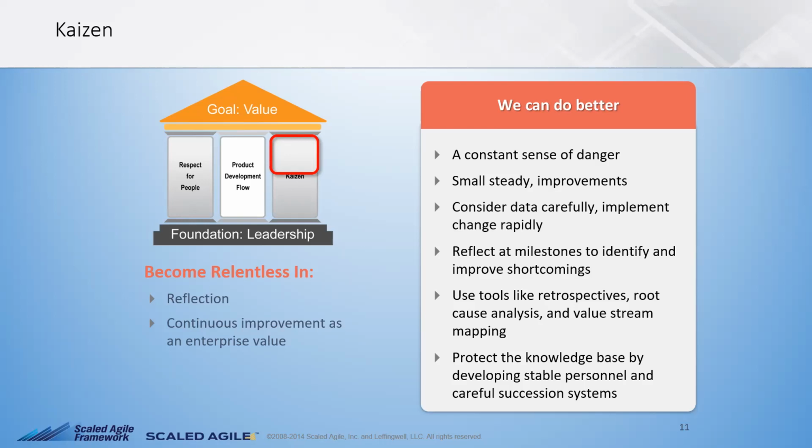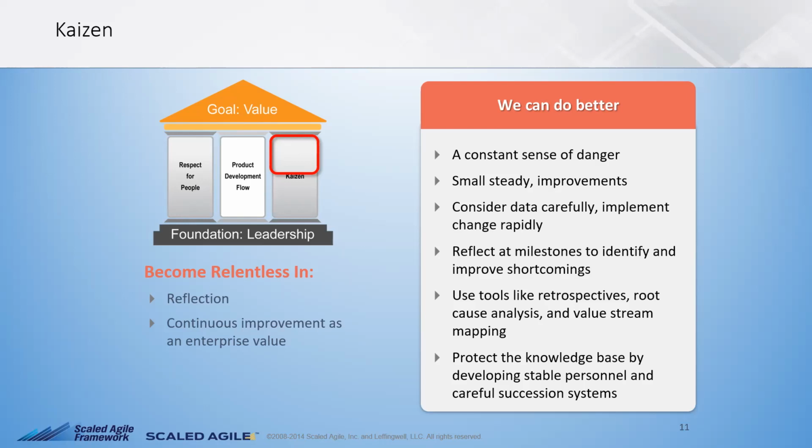Consider data carefully, implement change rapidly. We need to consider all these data points in terms of efficiency, and the more we can adapt to change with rapid movement, the more you can improve day by day. That's why they say consider data carefully and implement change rapidly.